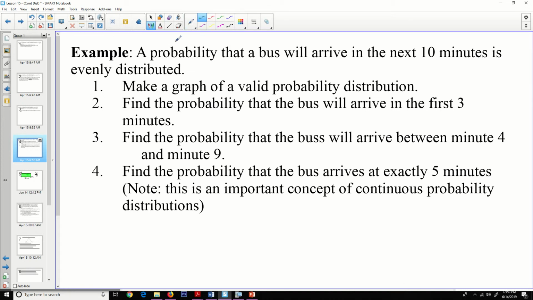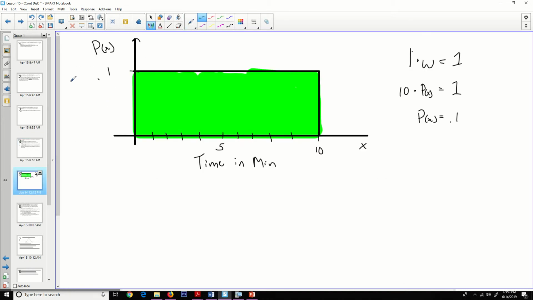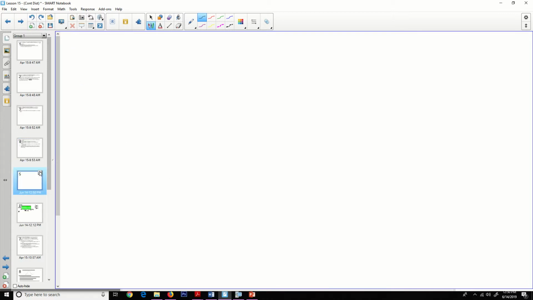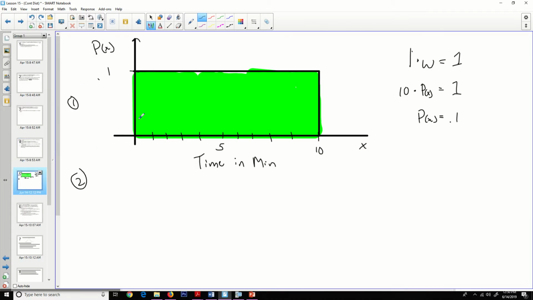Part 2 says, find the probability that the bus will arrive in the first 3 minutes. What is the probability that the bus will arrive in the first 3 minutes?